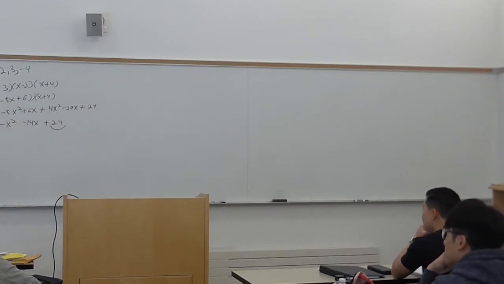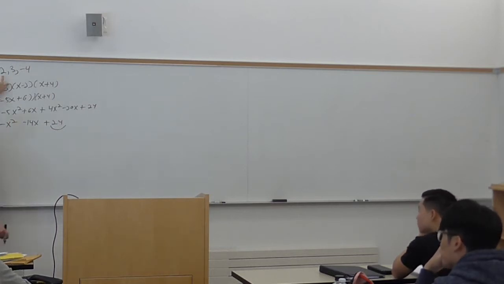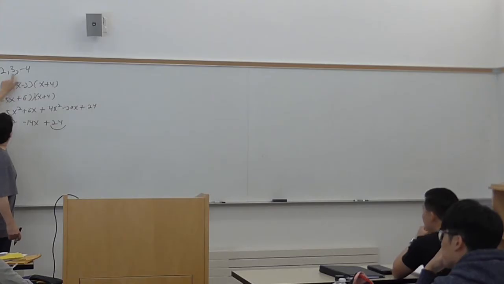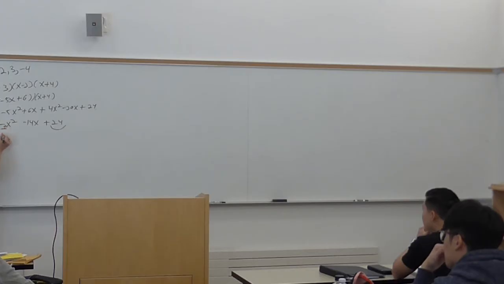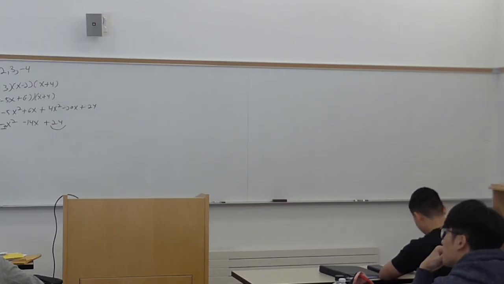So, okay, that's a nice observation. Here's one you might not have thought of. Might be a coincidence, but if I add these up, 2, 3, minus 4, I get minus 1. That happens to be the coefficient of the second term. Maybe that's a coincidence, right? We're going to look into that.